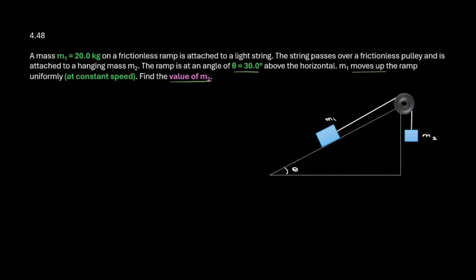So here you have masses M1 and M2 attached with the help of a light string that passes over a frictionless pulley.